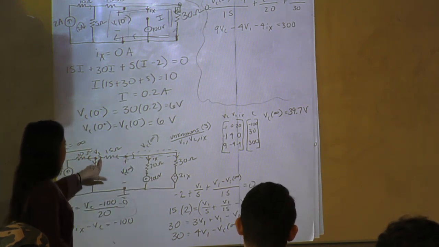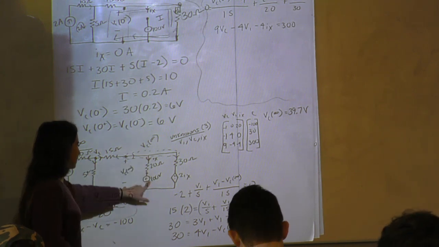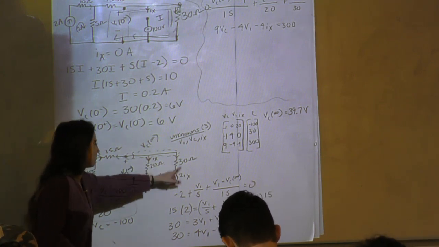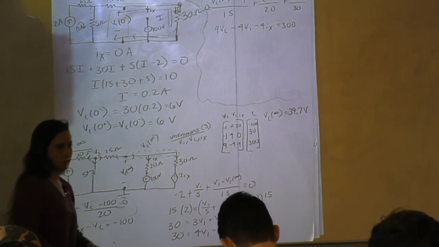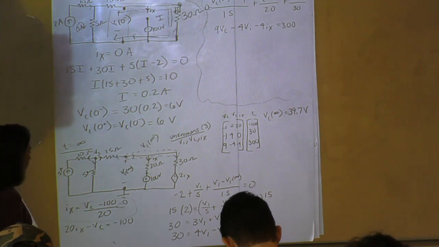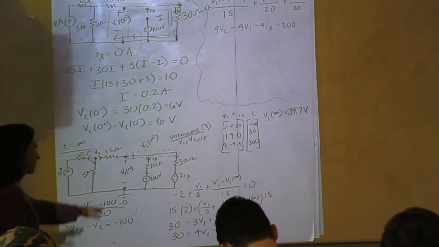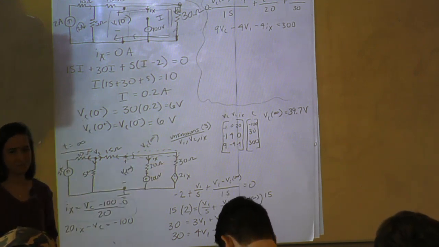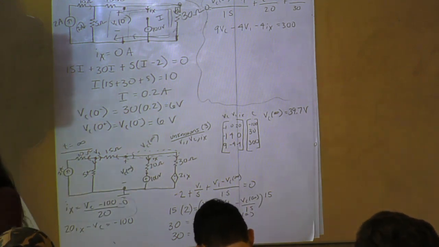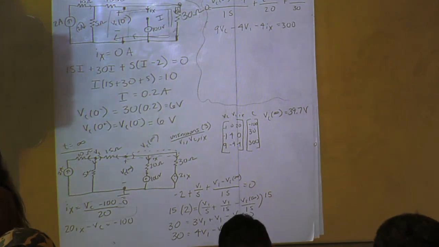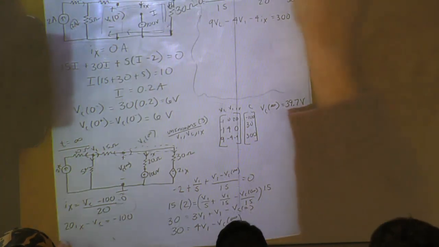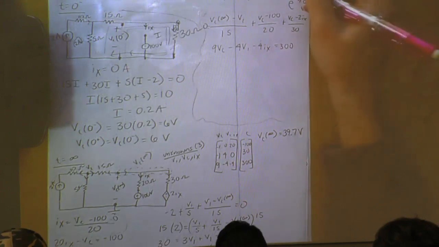So we have Vc minus V1 over 15, Vc minus this voltage all over 20, all over 30. It depends on what you say a supernode is. One big node, yeah.